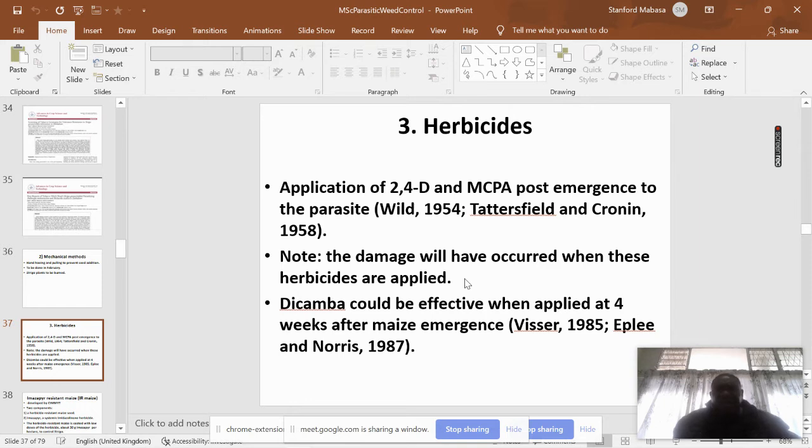But the efficiency of dicamba depends on how it is being translocated to the roots, and this may differ across maize genotypes.